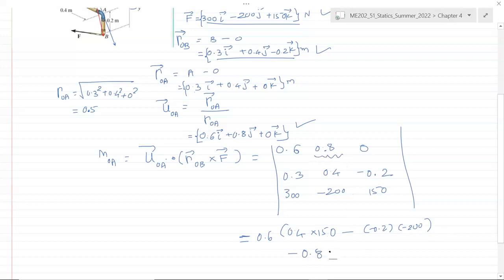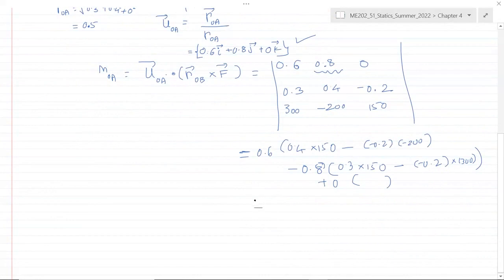Then the second element of the first row, 0.8, times 0.3 multiplied by 150 minus negative 0.2 multiplied by 300. And third, plus 0. The bracket doesn't matter because 0 multiplied by anything is 0. So the final answer we get is minus 72 newton meters.